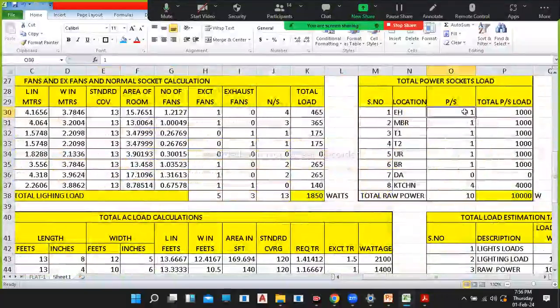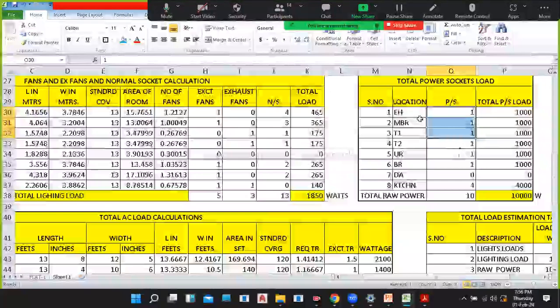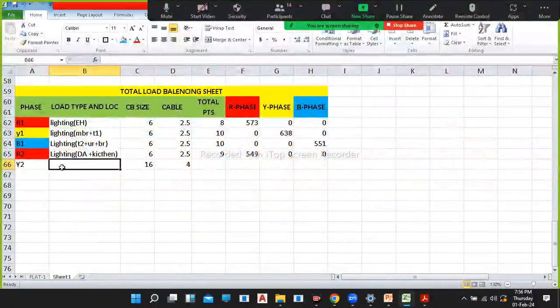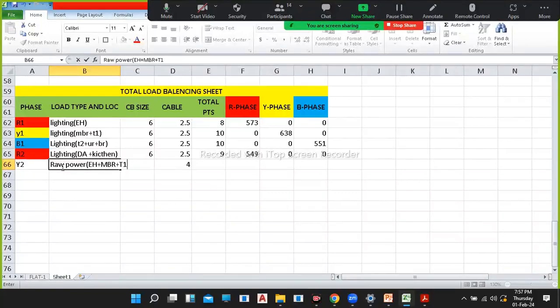So I'll take these complete 3 points in one phase. Entrance hall's one power socket, master bedroom's one power socket, toilet 1's one power socket. I'll take them in one phase. So here, raw power of EH's one power socket plus master bedroom's one power socket plus T1's one power socket.